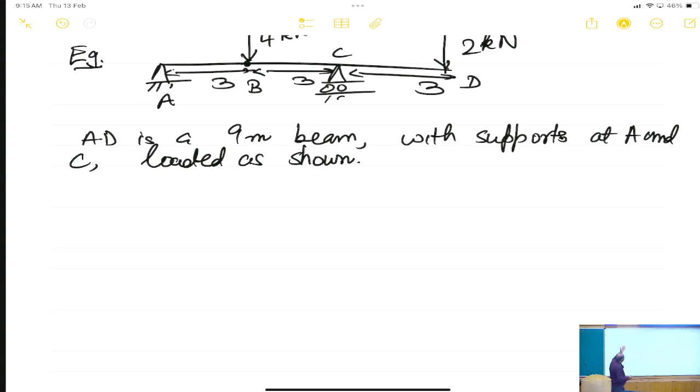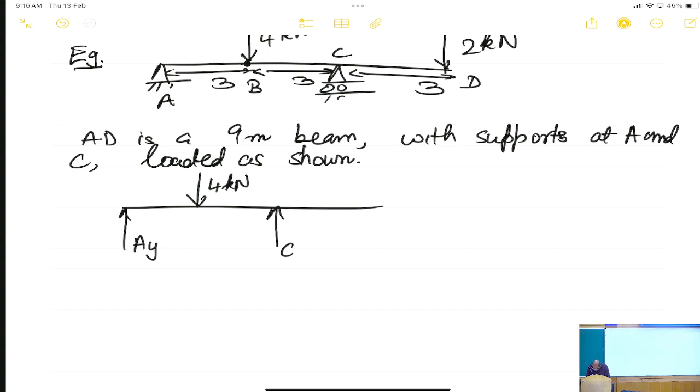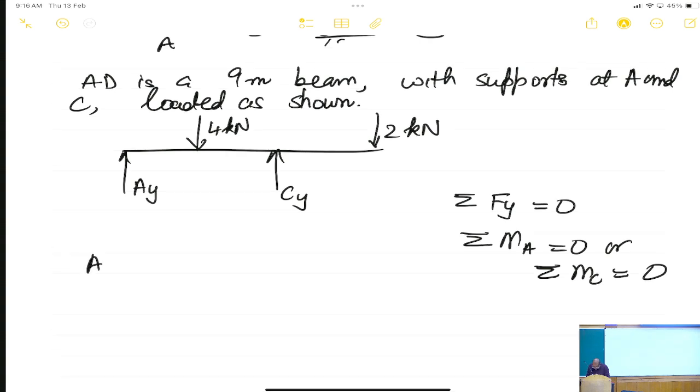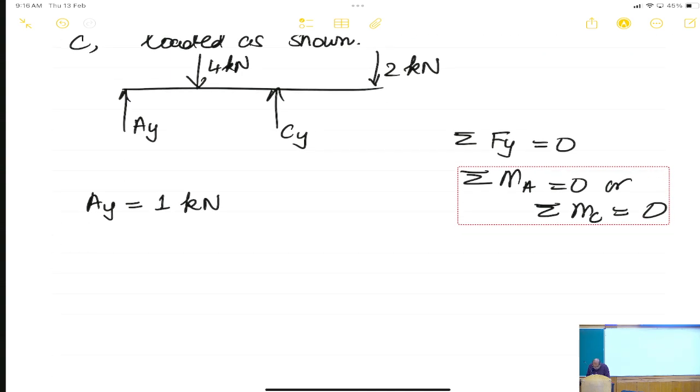So, the first step in solving this beam is, let us draw the free body diagram.